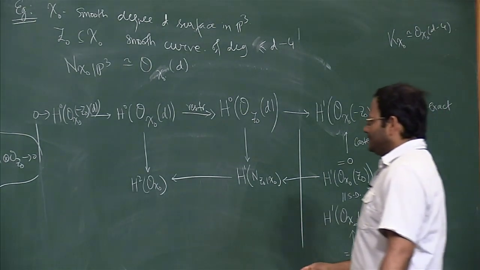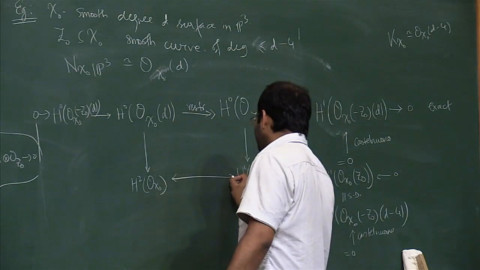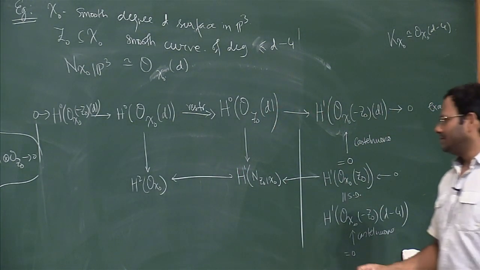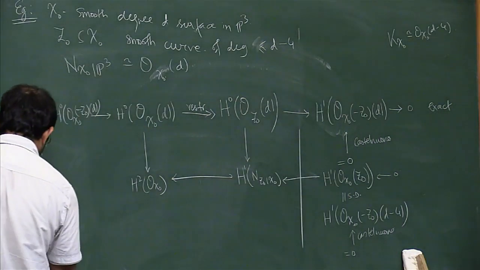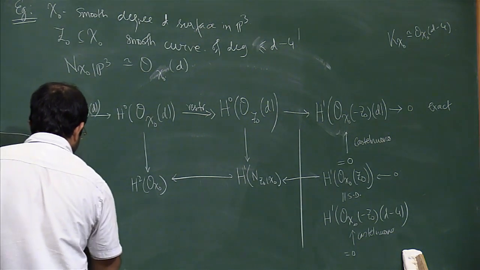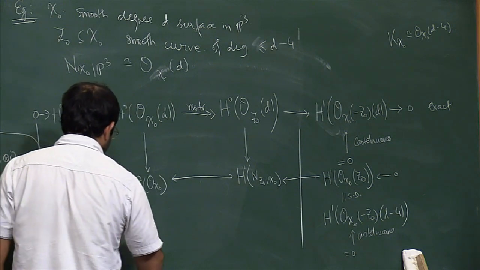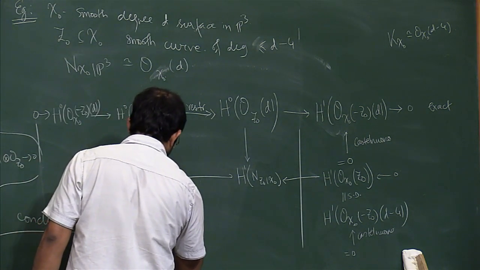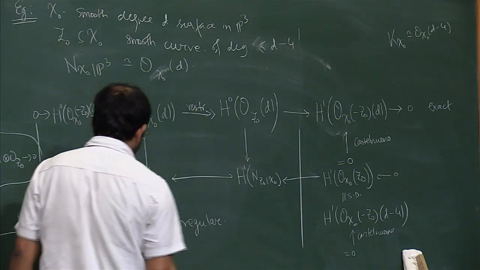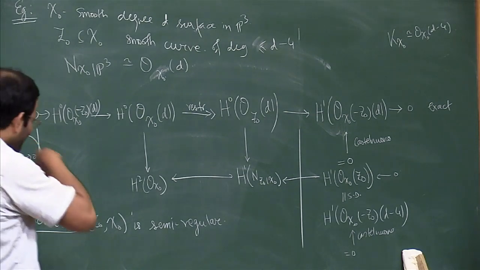So, this means that this is 0, this means this is injective. So, conclusion: Z0 is semi-regular.